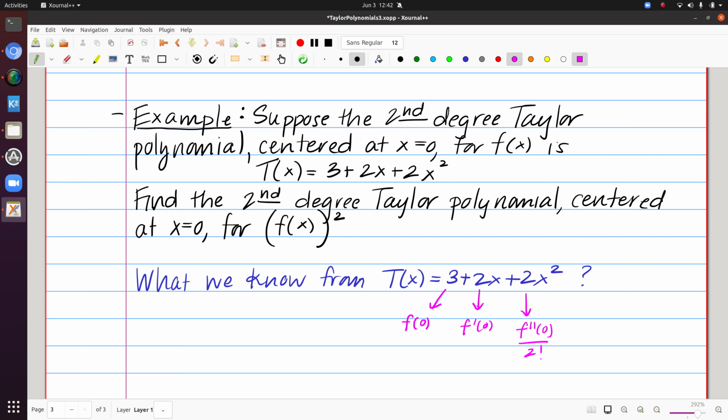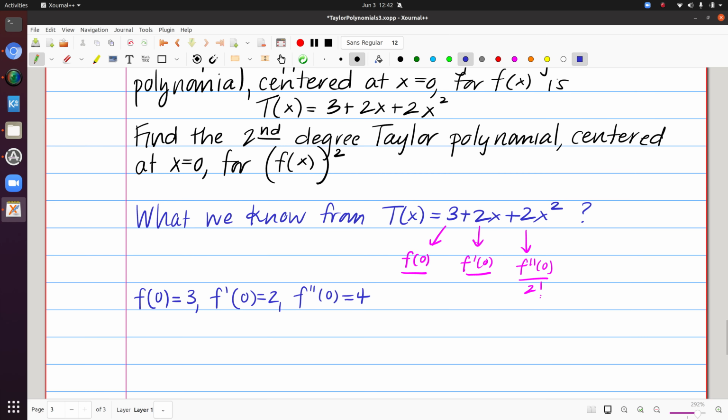So with that, that's enough for me to be able to solve for each of these coefficients. In particular, f of 0 is 3, f prime of 0 is 2, and because of this dividing by 2 factorial, the second derivative at 0 should be 4. So let me just document that here. We don't know what f is, but I have enough information to be able to determine this. So it turns out that that's good enough.